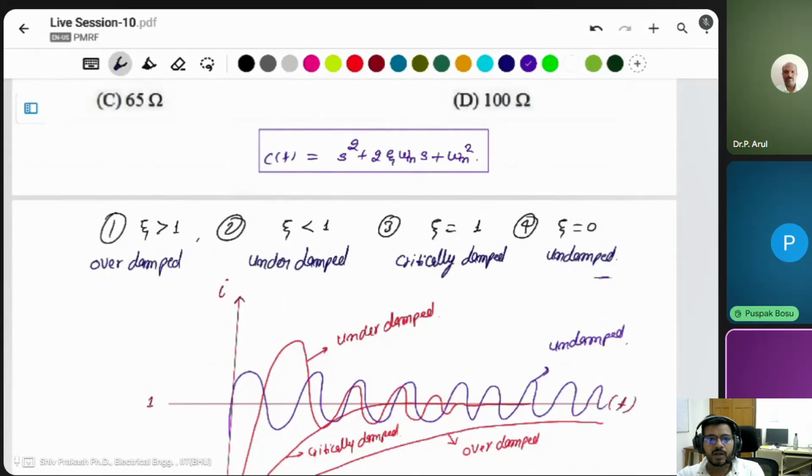Omega n is the natural frequency of that system. Whether it will be oscillatory or not depends on zeta. If zeta is equal to 0, the system will be oscillatory. Why? Because of s square plus omega n square, whose Laplace inverse is sin t, and sin t is an oscillatory function.